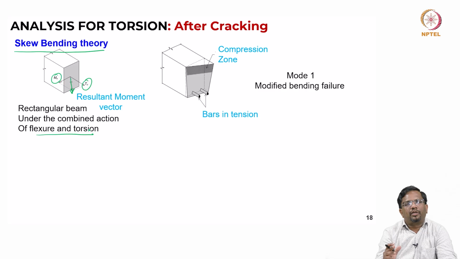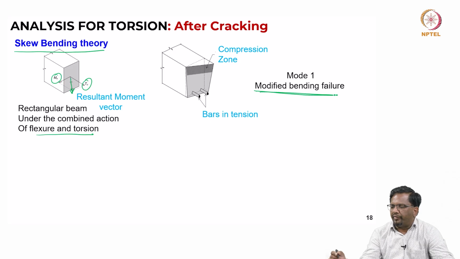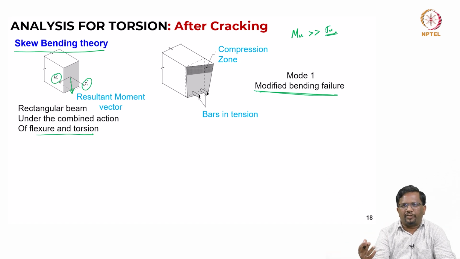Now, based on the magnitudes of your twisting moment and bending moment that are acting in the cross section, you can have three different failure modes that are possible. The first one is a modified bending failure. That means my bending moment is much higher; you have some torsion, but the torsion is not that significant.